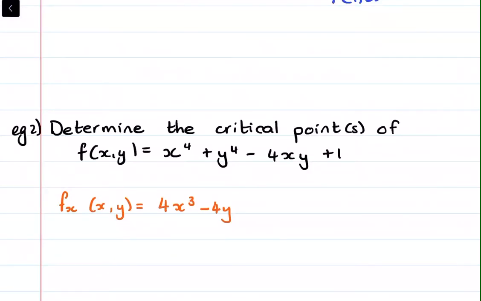And we must find fy, partial y, which is also 4y cubed minus 4x.